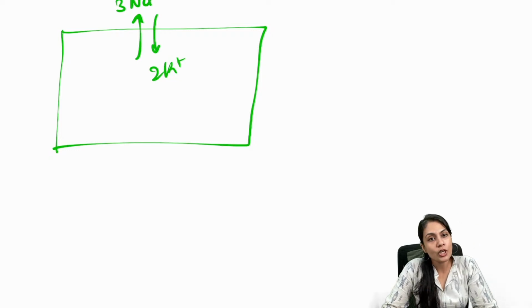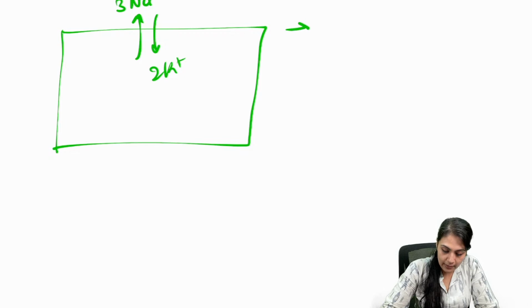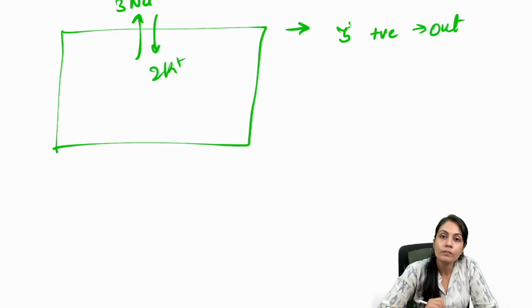Both are positively charged ions, right? So it is throwing 3 positively charged ions out.